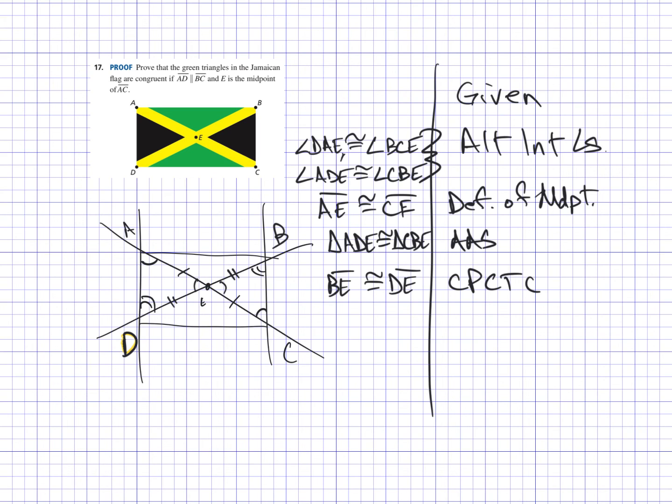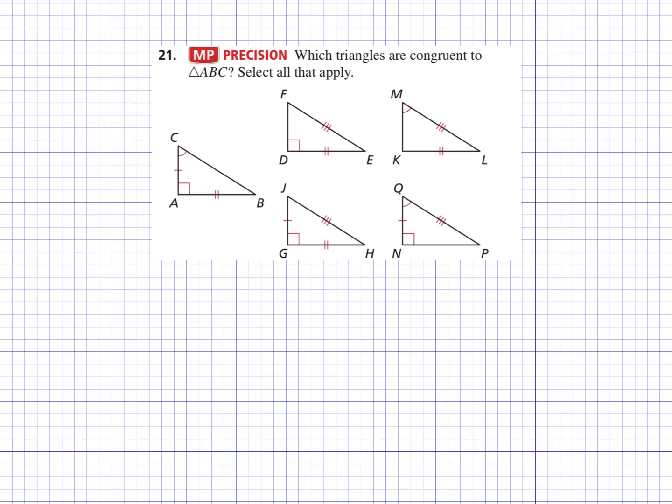So we have these two angles by vertical angles. So angle AEB is congruent to angle DEC by vertical angles. And therefore, the green triangle, triangle AEB, is congruent to triangle CED by side angle side. Okay, side angle side. All right, good.